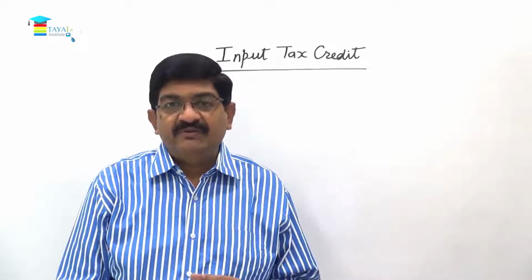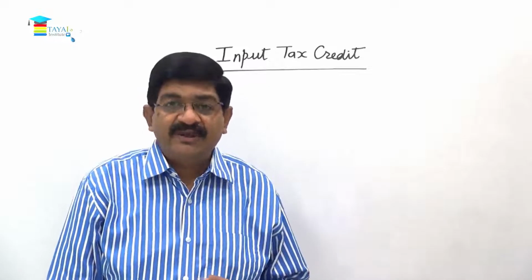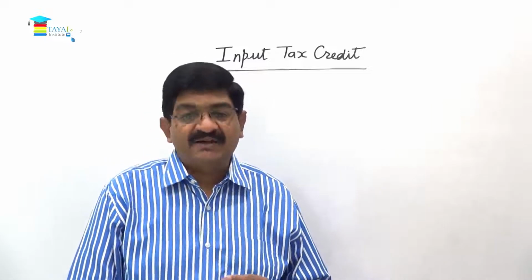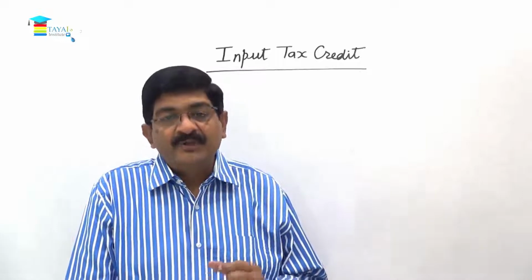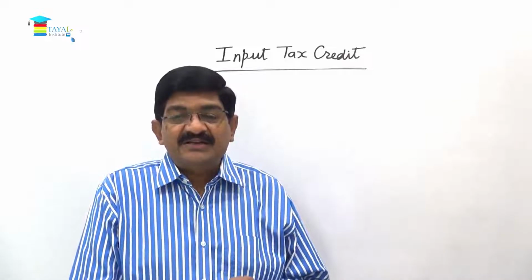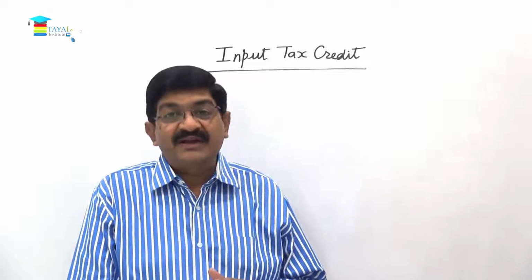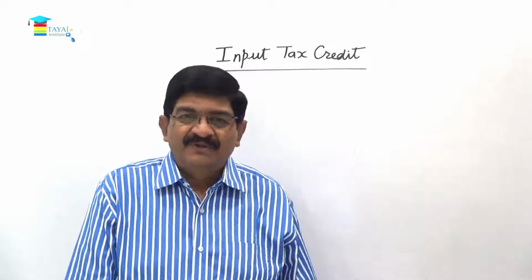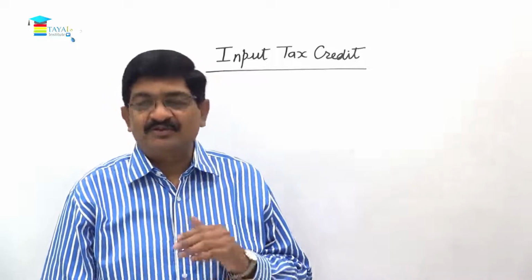Another exception is zero rated supplies, where no output tax liability exists but the credit is available. So subject to certain exceptions, you can say broadly, when a supplier is liable to pay GST, he is entitled to avail credit for all input taxes that he has paid, or the tax that has been charged, whether paid or not paid, that is another question.